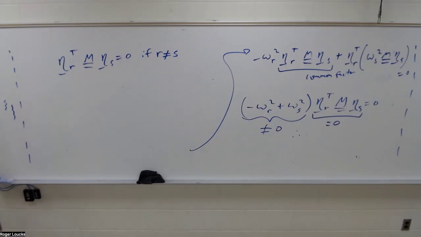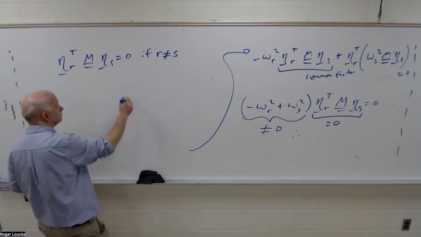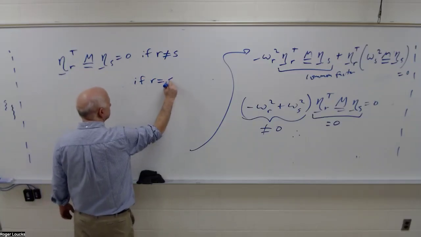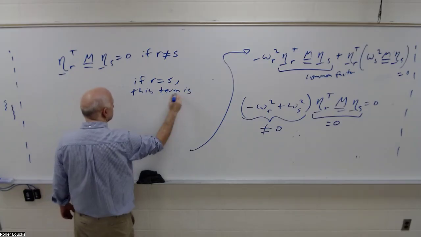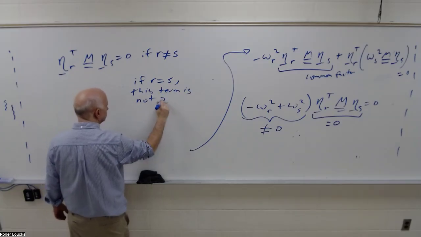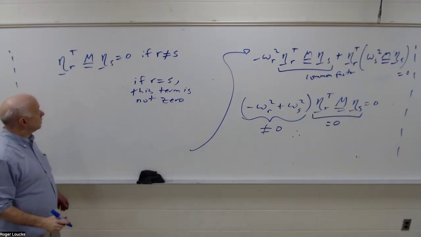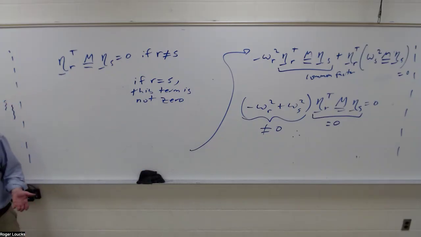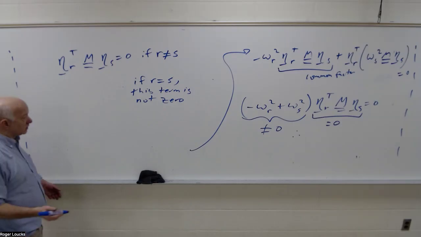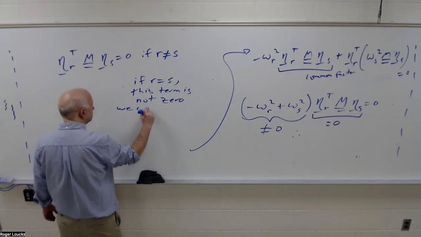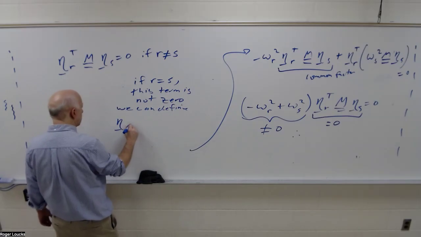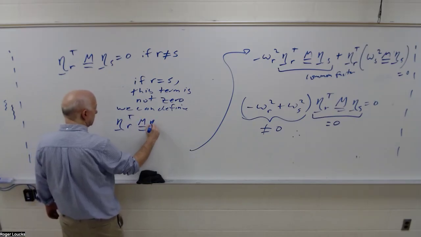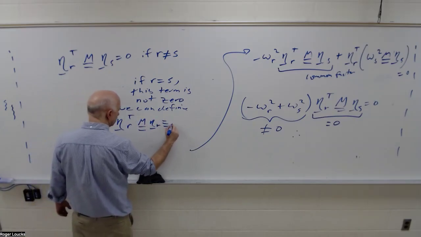Now, if R equals S, this term is not 0. So what can I do? I can just define it to be 1. We can define this eta R bar transpose M eta R to be 1.